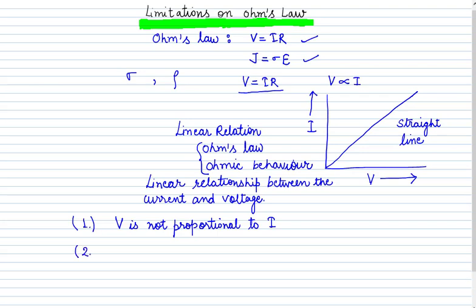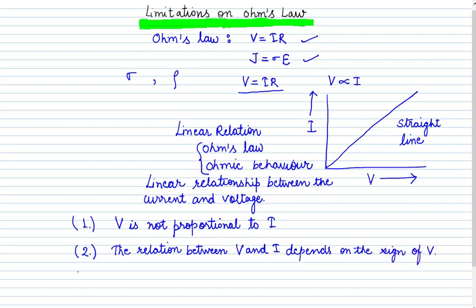The second case is when the relation between V and I depends on the sign of V. And the third is that for the same value of I, that means for the same value of current, V has more than one value.